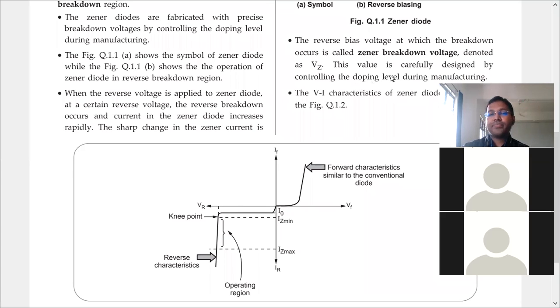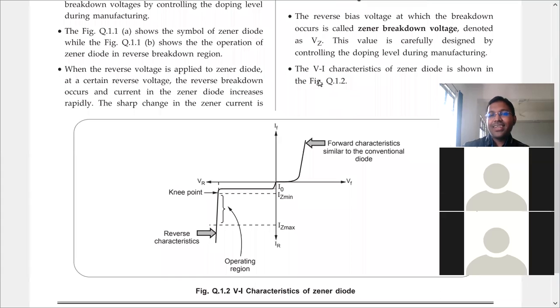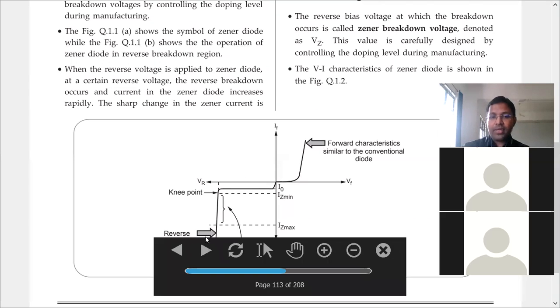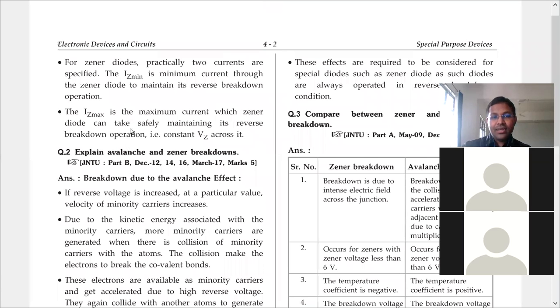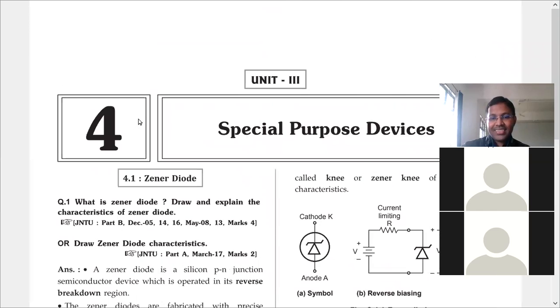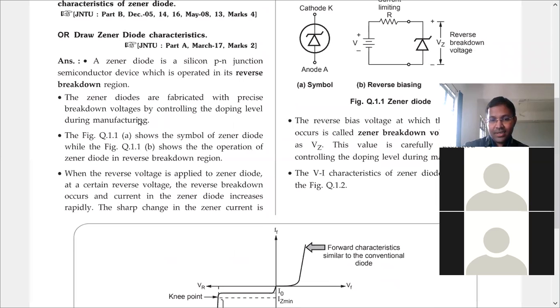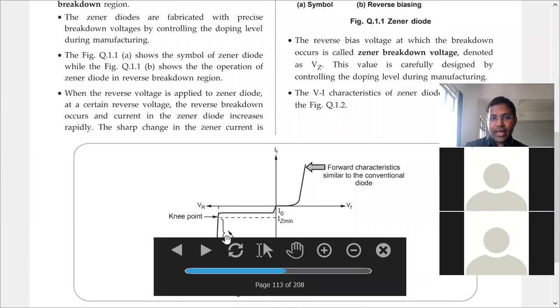Next, the VI characteristics of the Zener diode we can see here. Forward is the same as an ordinary PN junction diode. Under the reverse bias condition, we have the breakdown operation. Next, we have also seen this Iz min and Iz max.